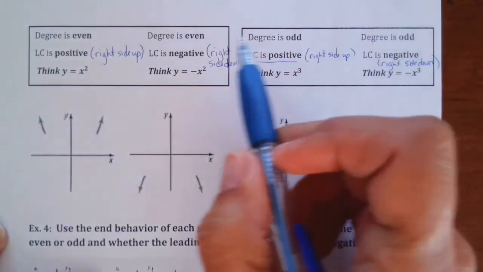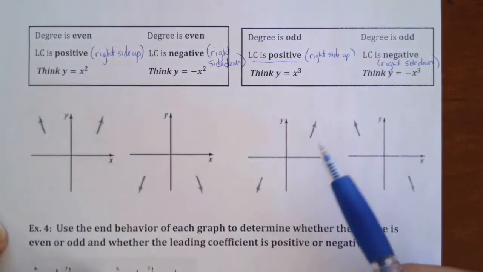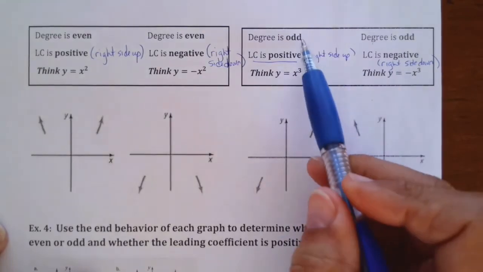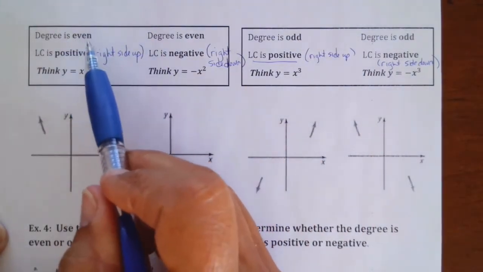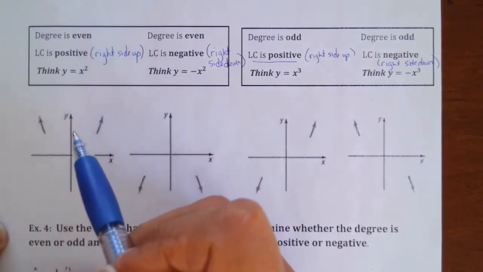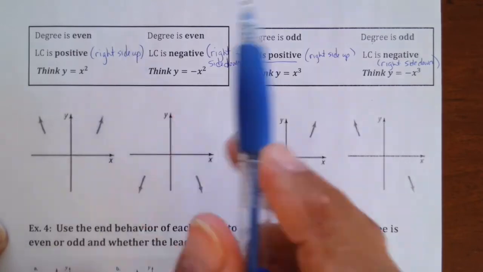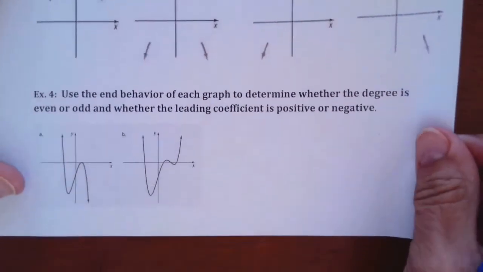Then I'm going to look at the degree. If the degree is odd, then the ends do the opposite thing. Okay, so just remember, odd, opposite, that kind of makes sense. Even means everything's kind of the same, right? Even, so they'd be doing the same thing. Okay, all right. So with that in mind, let's look at example 4.